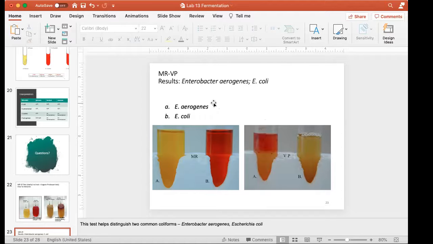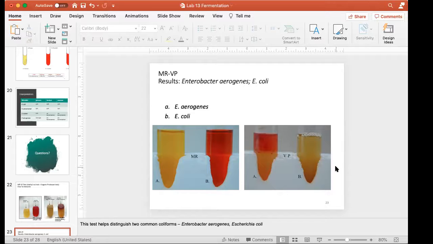So the interesting thing about these two organisms is they essentially give opposite results on the MRVP test. Remember, if you see yellow in the MR, it's a negative test. So Enterobacter aerogenes has a negative MR test. E. coli has a positive MR test. It has produced a strong acid.